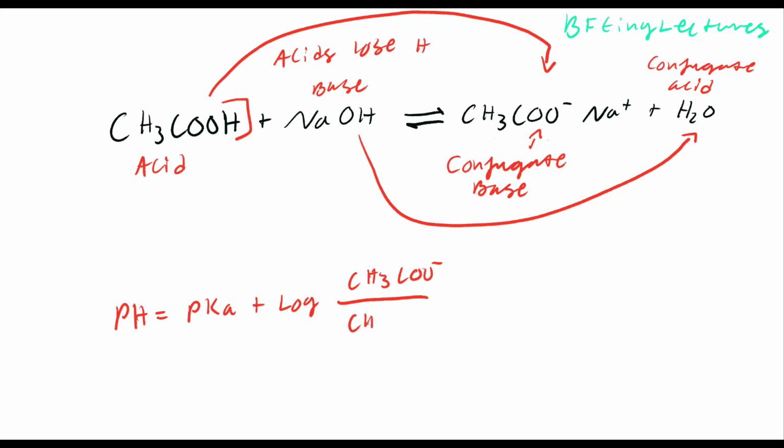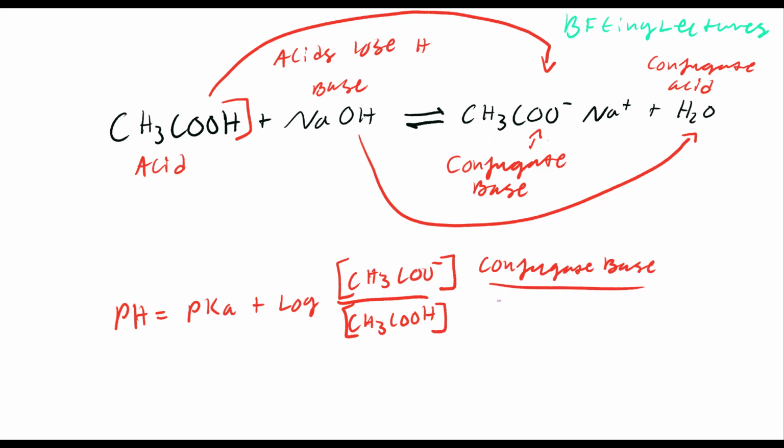So CH3COOH, okay? Now, depending on if you know the molarity, you would have your answer, and the pKa, of course. So that is the conjugate base, or the initial acid. So that's what a buffer is, okay? Hopefully that clears it up for you.